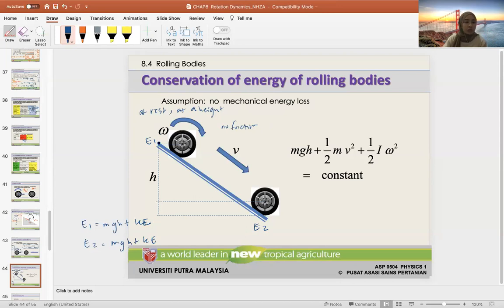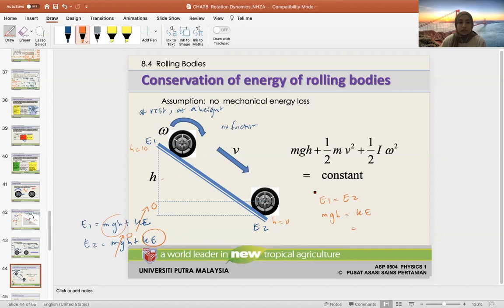So at E1, I am starting at rest, which means that my ke is equal to 0. So my E1 is just mgh. At E2, my h is 0. Let's say my h at the start is 10. At this point, my h is 0, which means that my mgh is 0. So now, all my mgh has been converted to ke. If E1 is equal to E2, mgh is equal to ke.